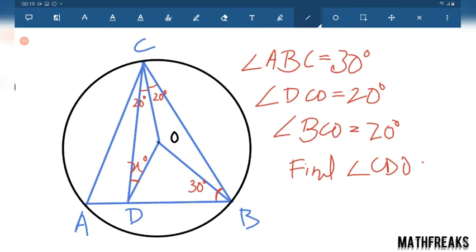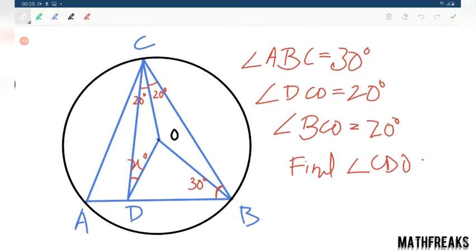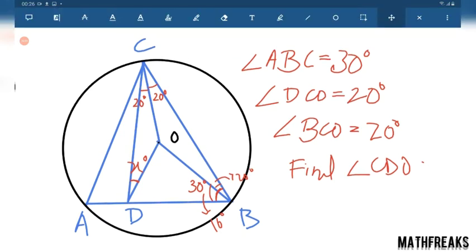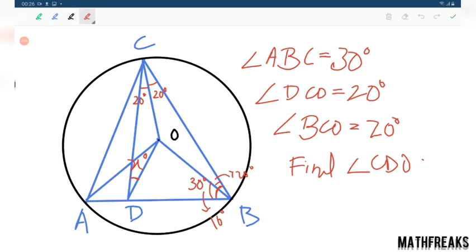Now we have to think. This is just a problem on a good concept of angle chase. We have to find all the angles that would give us the solution. This is 20 degrees. This is also 20 degrees. Then this angle is 10 degrees. This is 10 degrees. Let us join this also. I do not know whether this will be helpful or not, because this is the only method, trial and error, to solve the problem.